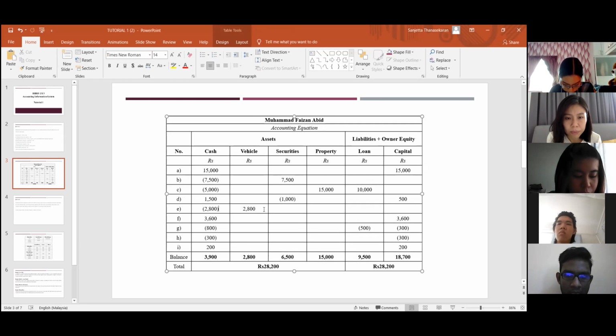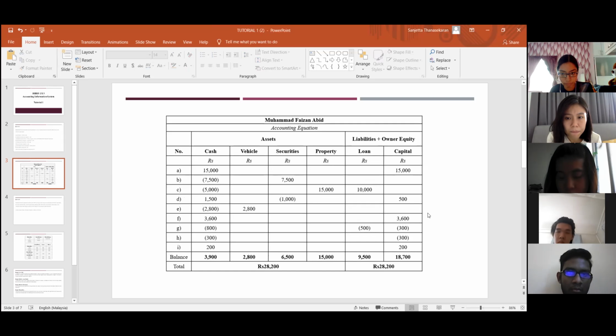F, receive cash as salary 3,600. So the cash increased 3,600 and the capital also increased 3,600. G, paid cash 500 for loan and 300 for interest. So in total, we have to deduct 800 in cash, and in loan deduct 500, and in capital 300.